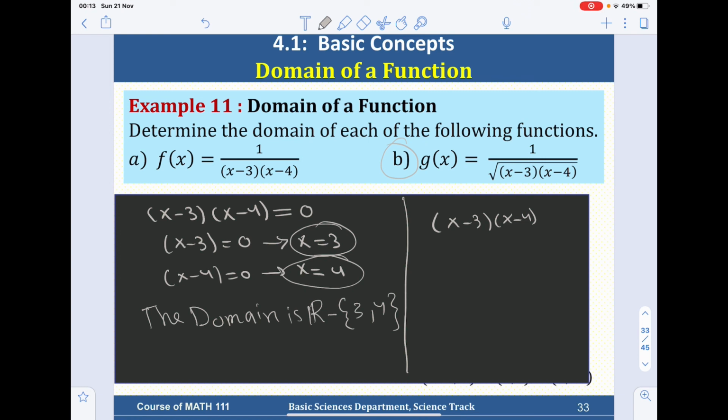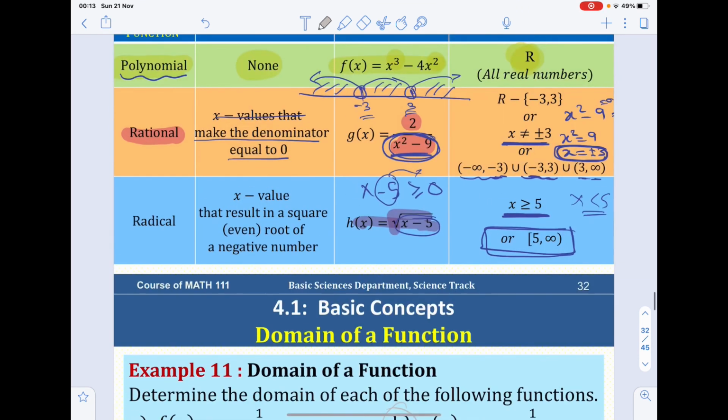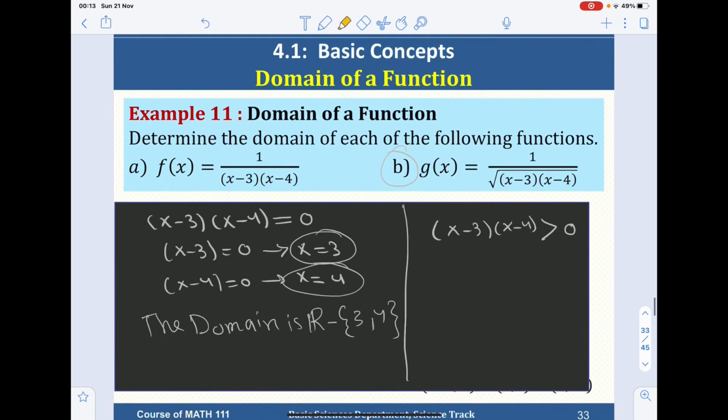So the only values that make the function defined are those where the value under the root is more than 0. We used to say it's more than or equal to 0, but because this is not located in the denominator. But if it's located in the denominator, I will just write more than 0.